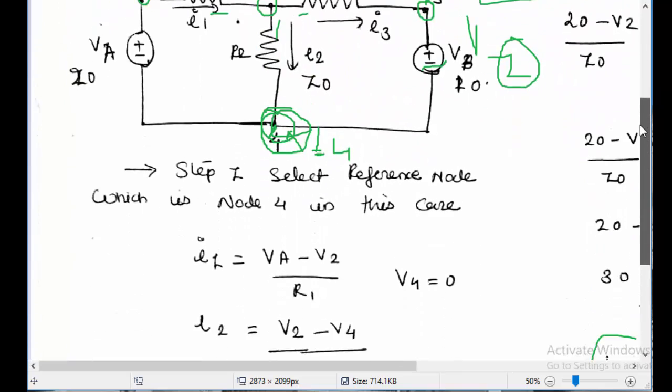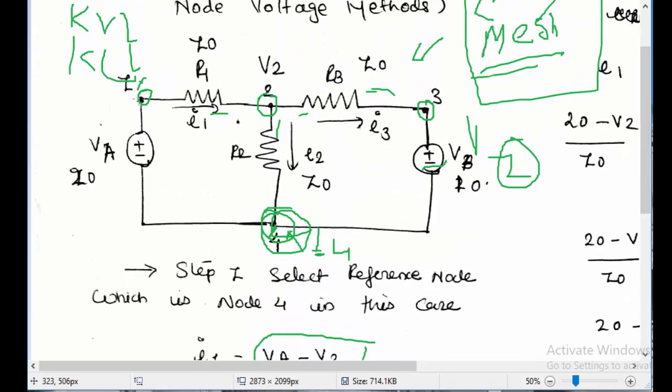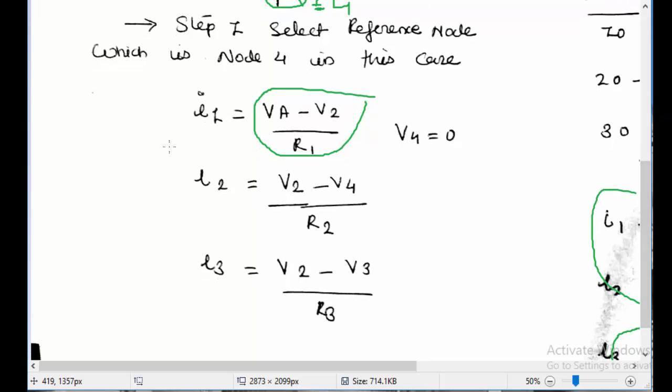So the current I1 can be written as VA minus V2 divided by R1. VA is the voltage at this node, so VA minus V2 divided by R1 is the voltage drop across this resistance. So that current I1 can be written after identifying the nodes and the node voltages this way.